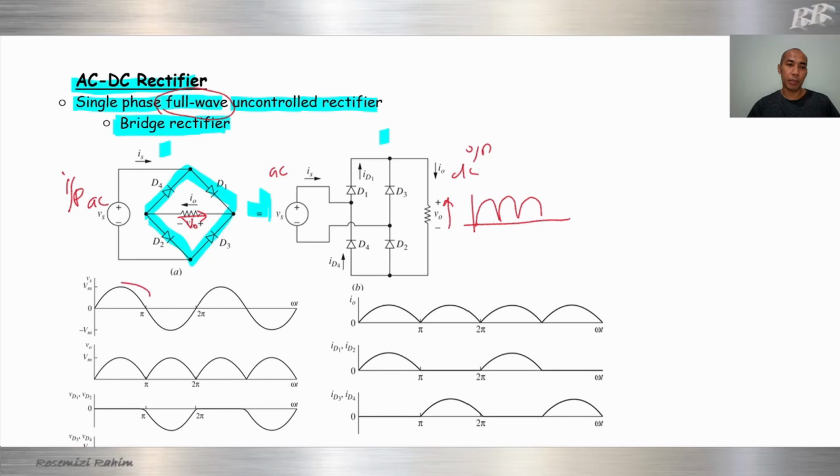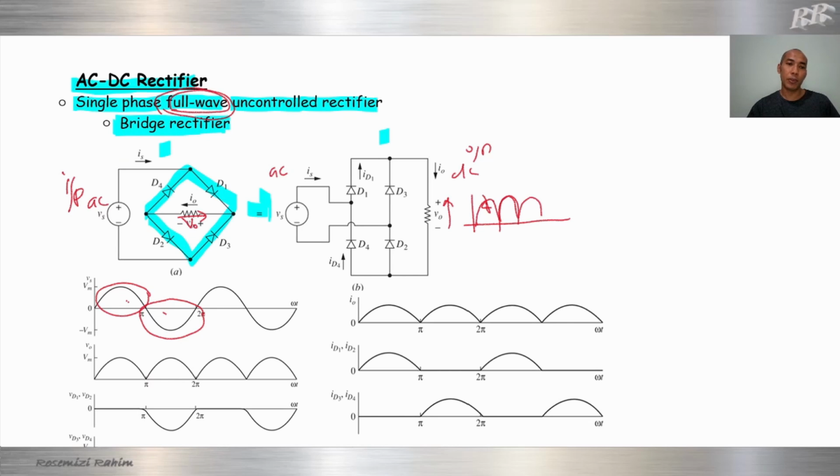We give a positive input, the output is positive. The second input is a negative waveform, and the output will be positive. This is what we call full wave. Both halves of the waveform are converted to positive. That's why we call it a full wave rectifier.